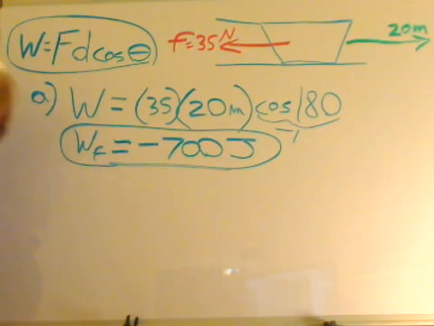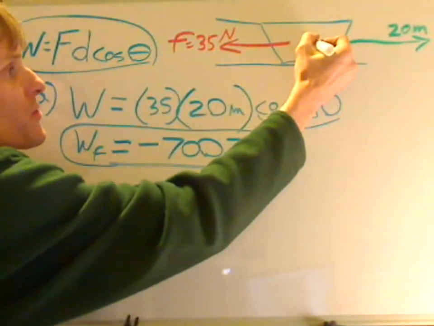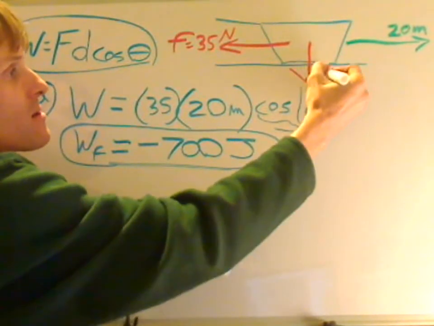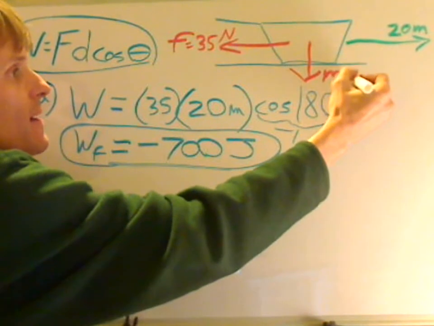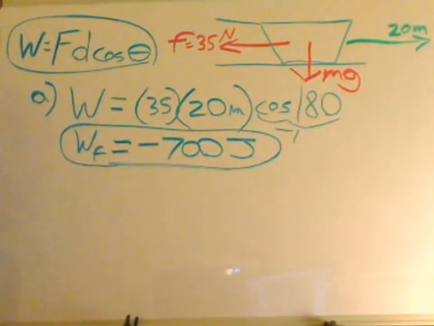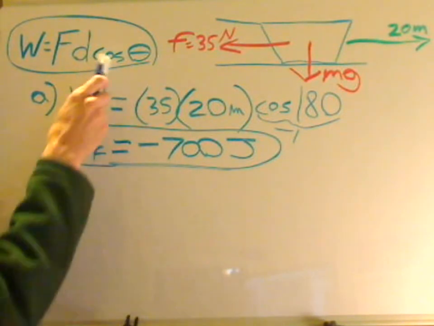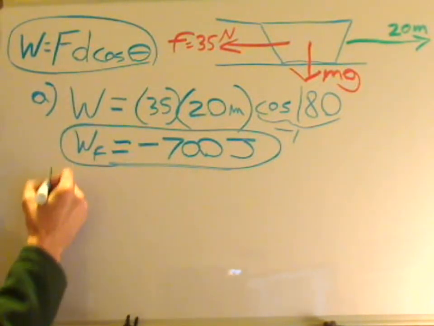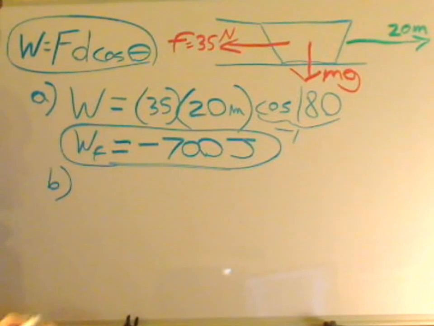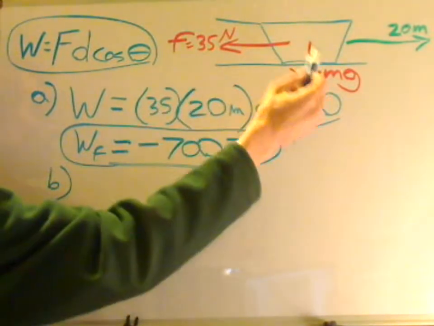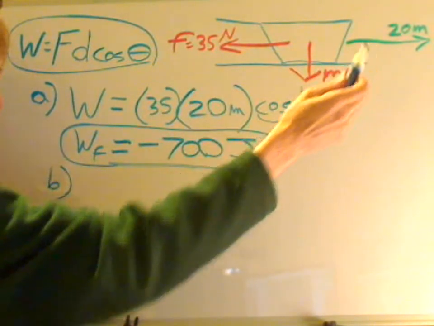Now, part B asks to calculate the work done by gravity. So gravity, remember, pulls straight down with a force of mg. Now, work done, remember, is proportional to the cosine of theta. So what's the angle here between gravity and displacement?